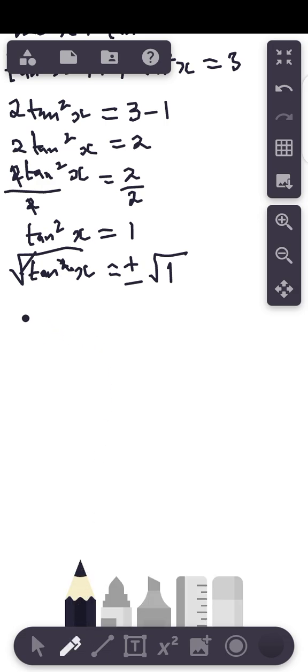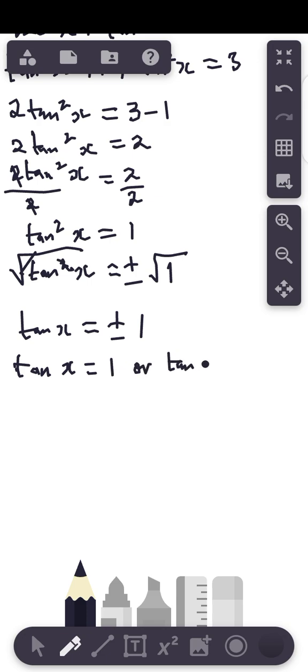So here now we have tan x equal to plus or minus square root of 1 is 1, plus or minus 1. Now our tan x is either equal to 1 or tan x is equal to minus 1.